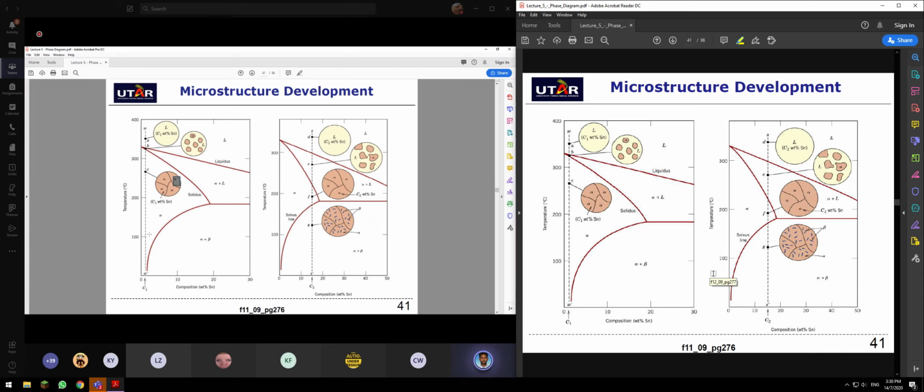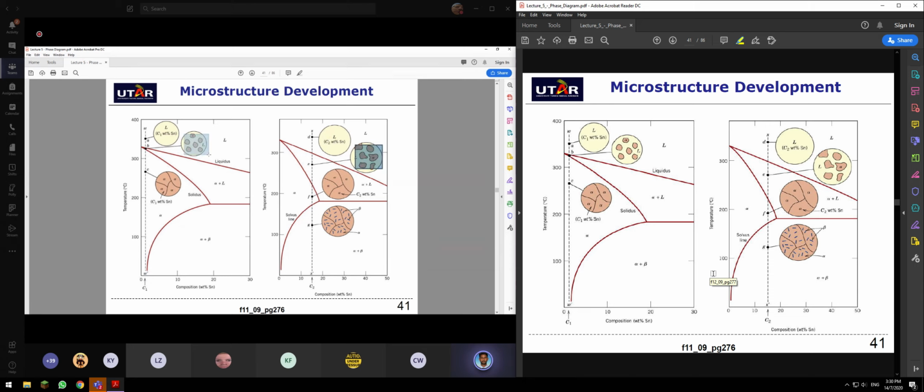For example, I'm talking about almost pure lead, with a very low weight percentage of tin. Let's say there is a higher amount of tin. This depicts point D, a higher amount of tin compared to the composition of tin in this figure over here. When I cool down from this temperature to region E, from this liquid you have the alpha particle first.